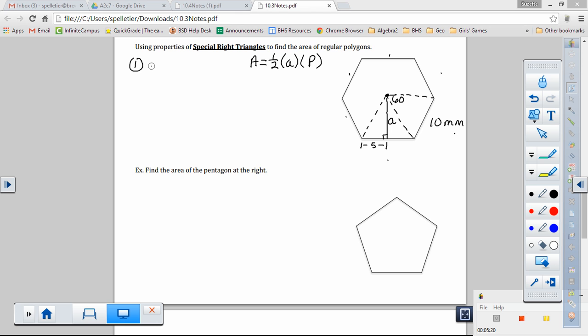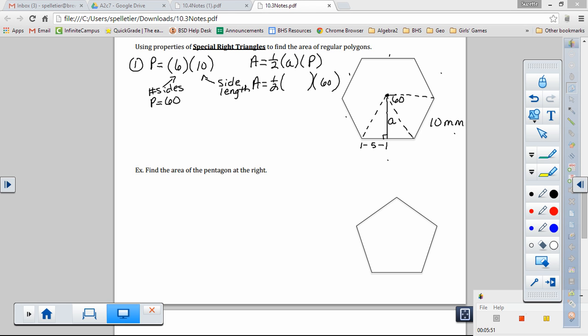So 6 sides times the side length, which is 10. So number of sides and side length. All right, so I do that part first. Perimeter equals 60. Good? So I can do area equals 1/2, and I can put 60 in here for my perimeter.